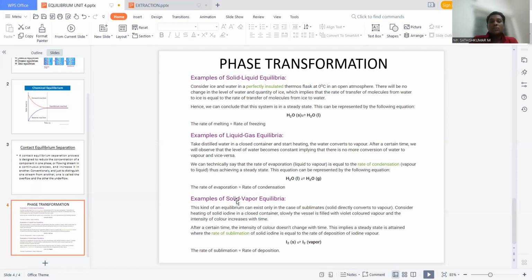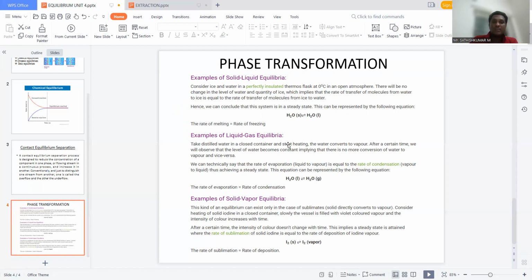Let's move on to solid-vapor equilibrium. I2 solid particles transfer into I2 vapor particles, and I2 vapor particles transfer back into I2 solid at the same rate at the point of equilibrium. In solid-liquid equilibrium, the rate of melting is equal to the rate of freezing of water.